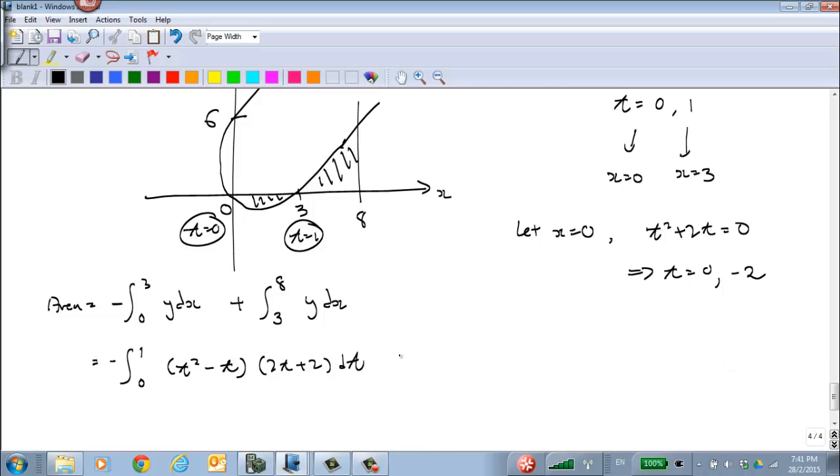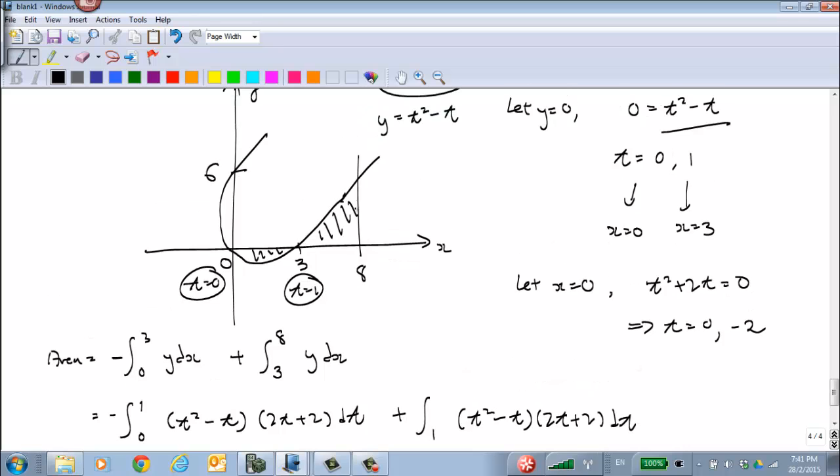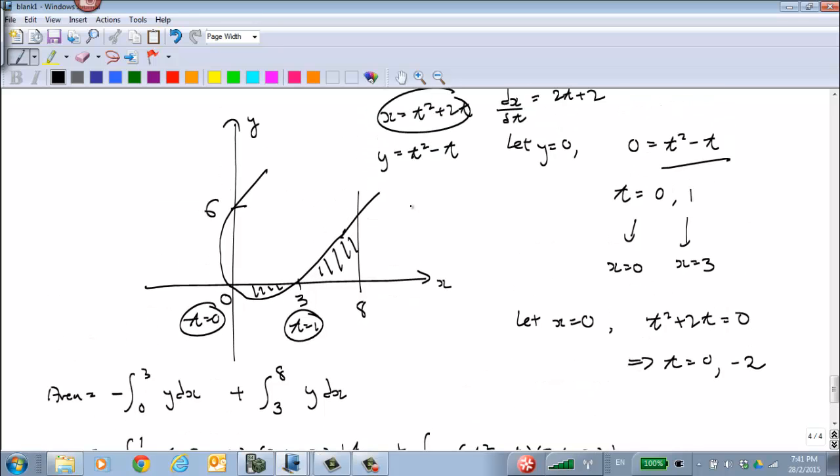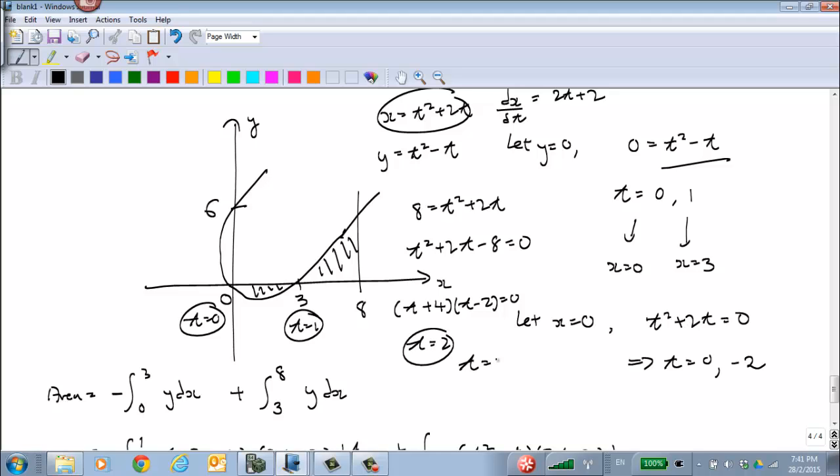So for this later, you will do the same thing, but for x equals 8, you have to sub it into the expression for x. Then you will find that t equals 2 and t equals minus 4.